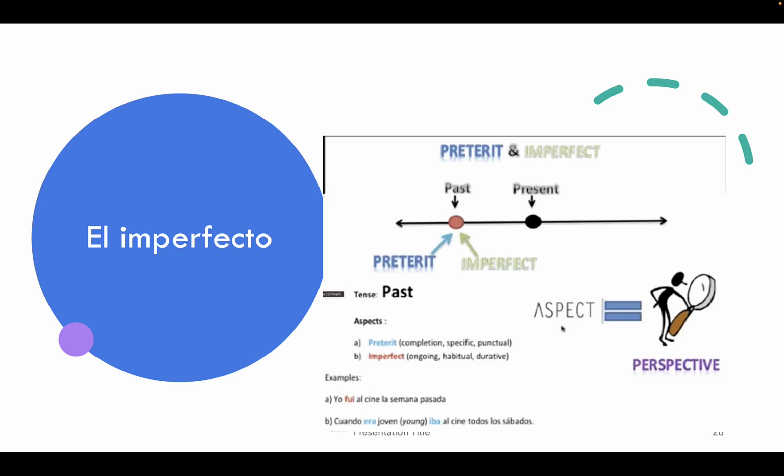But truly what we are referring to here when we talk about the preterite and imperfect is a different way to view or perceive how these actions have taken place.